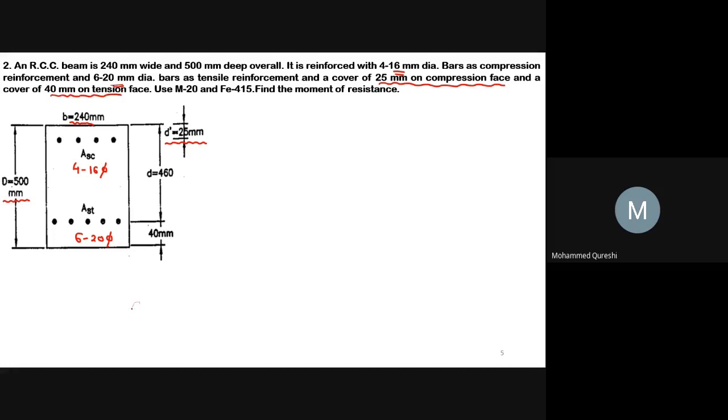So in the tension zone the cover will be 40 mm. So the effective depth will be 500 minus 40 equals 460 mm. And we have to use M20 concrete and Fe415 grade to compute the moment of resistance Mu.